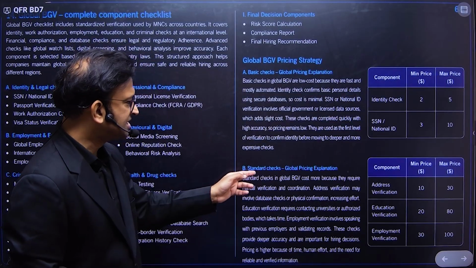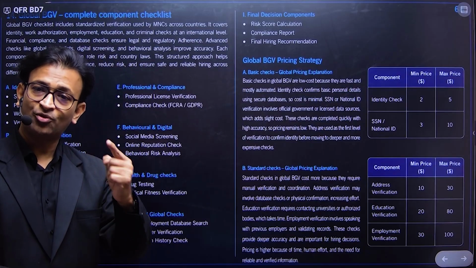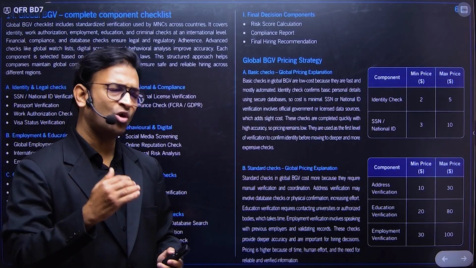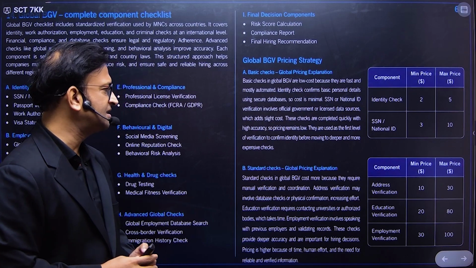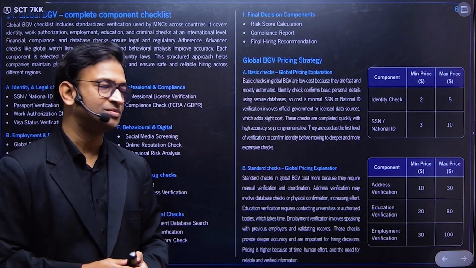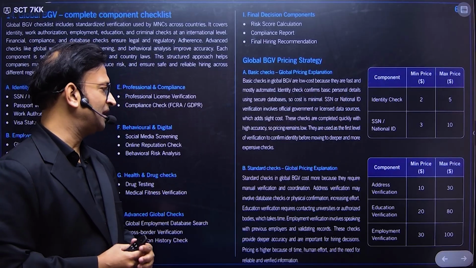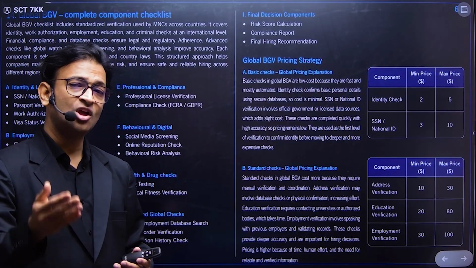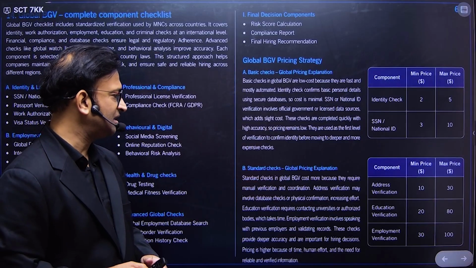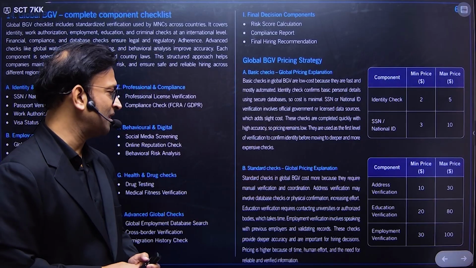Now, standard checks, global pricing, one more time. Standard checks in global BGV cost a little bit more because they require manual verification and coordination. Address verification may involve database checks or checks from different resources, increasing effort and time as well.